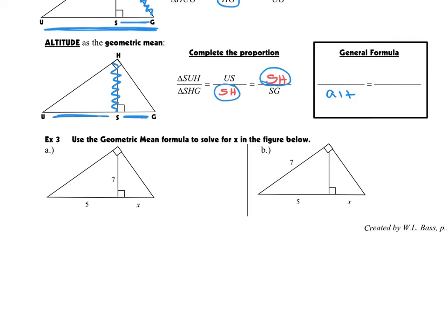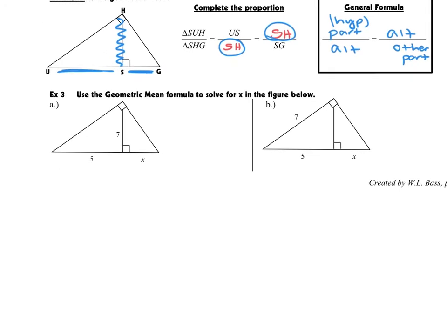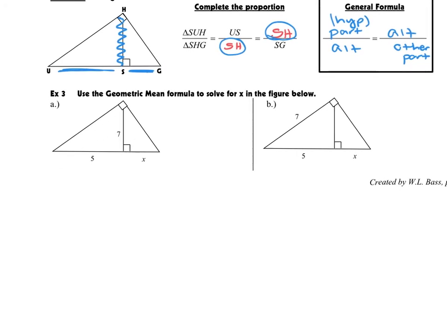The altitude, that's going to become the geometric mean between part of the hypotenuse and then the other part. So just two quick examples, and it's okay if you don't feel super comfortable with it after this video, as long as you can follow, that's our most important thing.